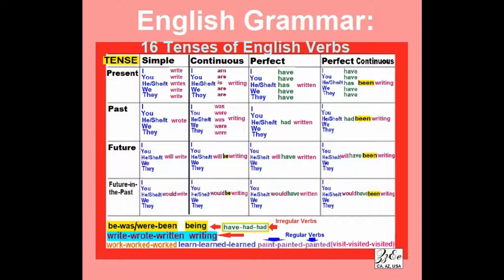The next category, so we had present simple tense, present continuous tense. The next category is perfect category. Look at the perfect category of present tense, past tense, and future. You will see that in that whole vertical column there will be the auxiliary have in all languages except Russian.